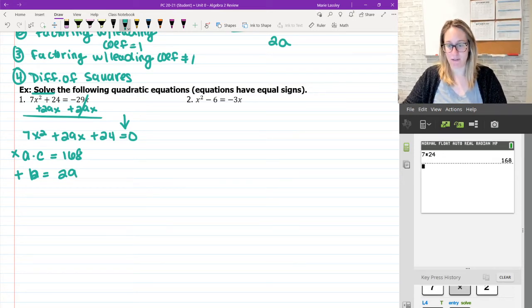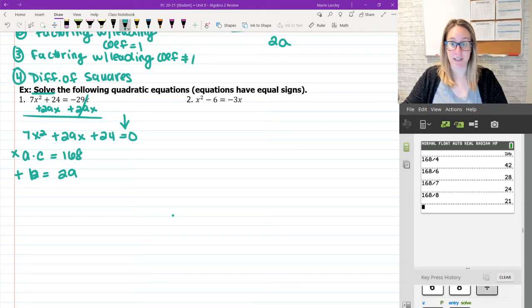I'm going to do a little bit of guess and check work over on my end to see if I can figure out what number does that. So I'm going to pause. All right, I just did some guess and checking. If you look at the calculator, I literally just went through and took 168 and divided it by 2, 3, 4, 6, 7, 8. I knew 5 wasn't going to work because it didn't end in a 5.